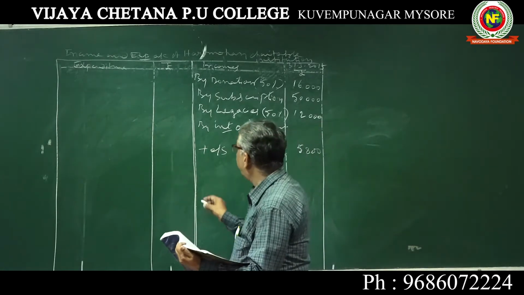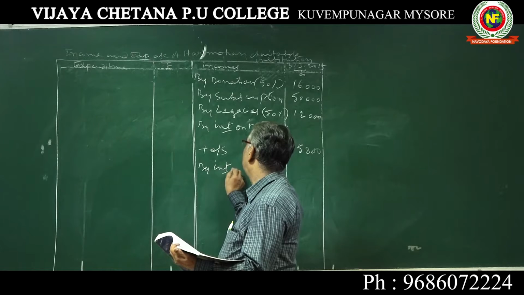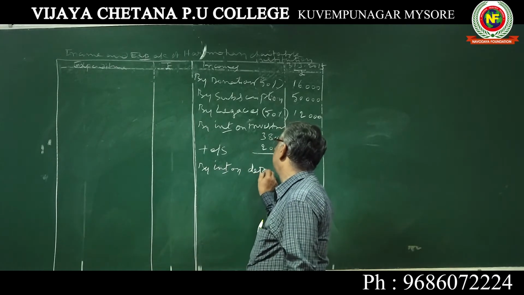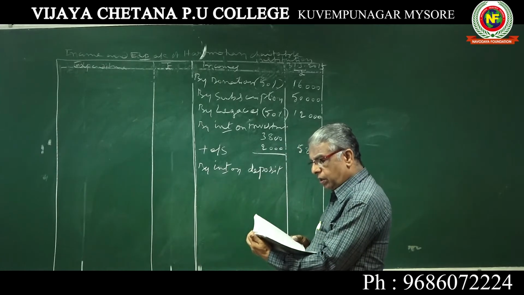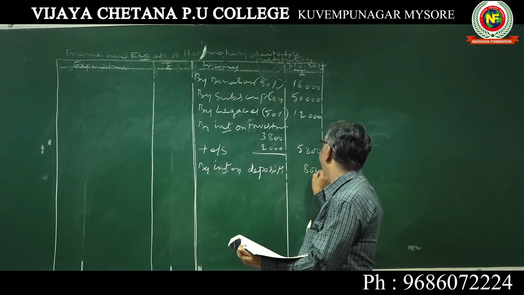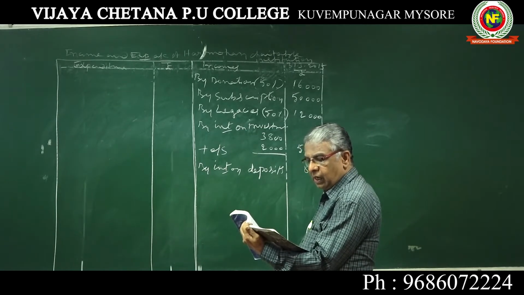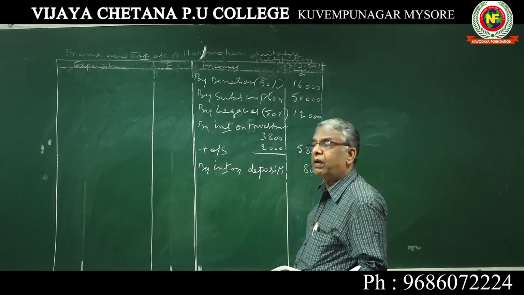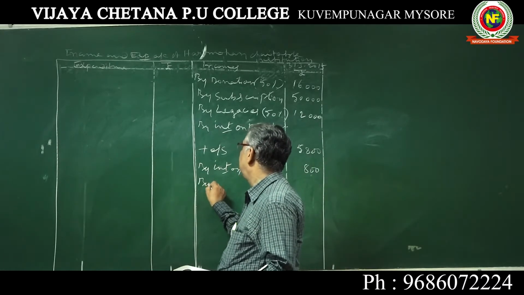And interest on deposits, rupees 800. Then sale of old newspapers is a revenue income.